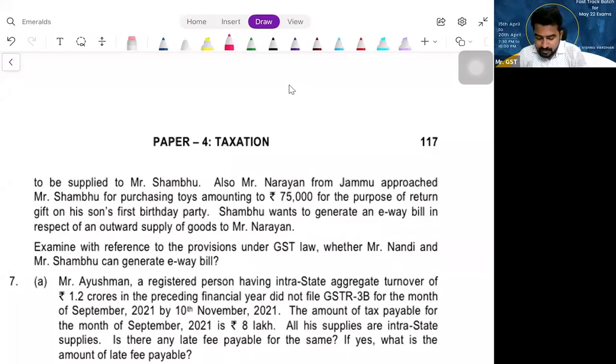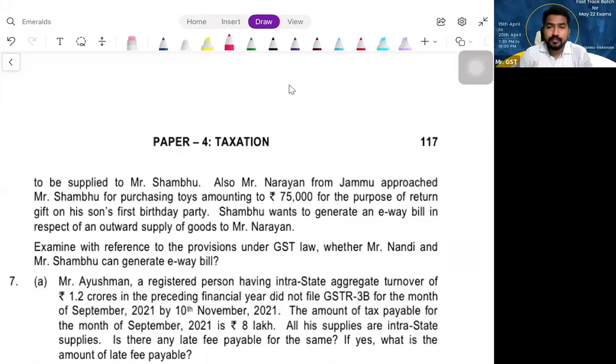So what is the answer, my dear friends? Do we need to recollect any provision here? Yes sir, it's an amendment provision, a recent amendment. So what is the amendment?